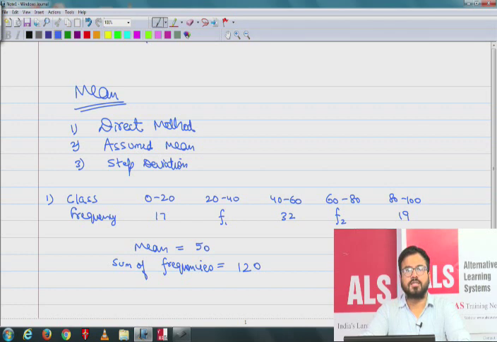Shillong, you got your answer? Sisipur, Itanagar.